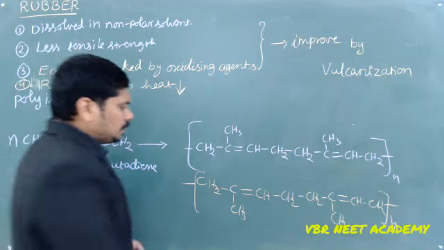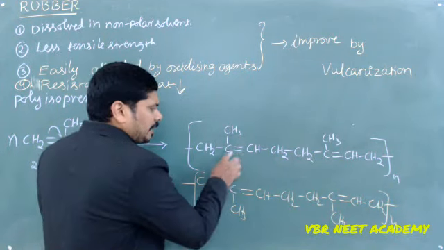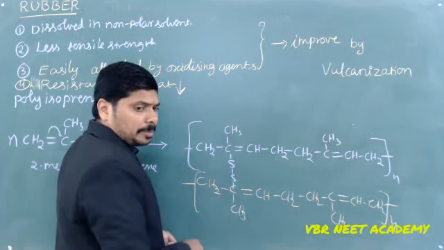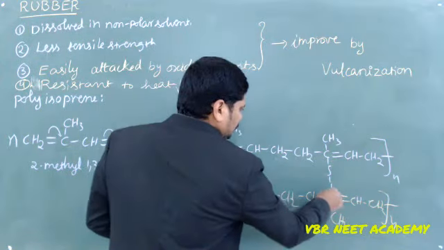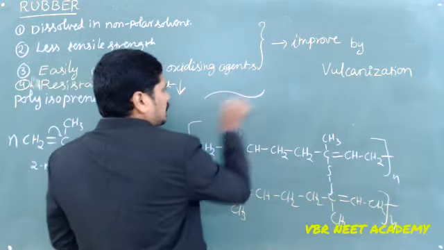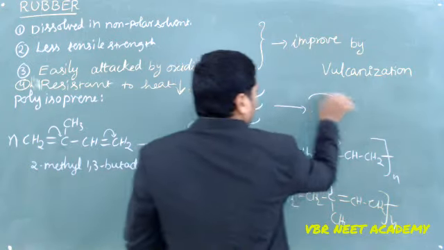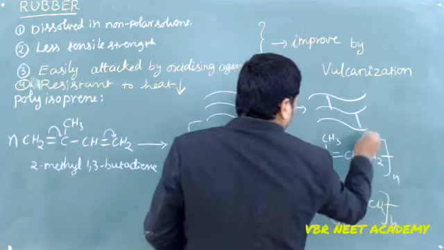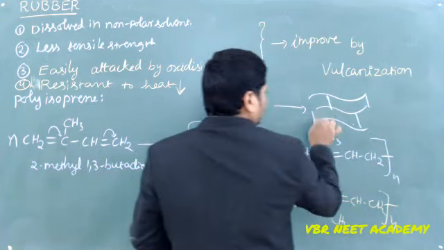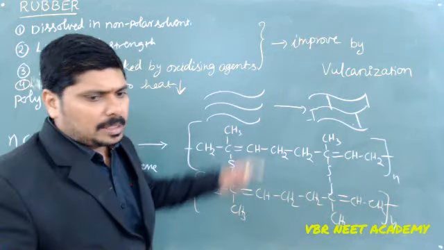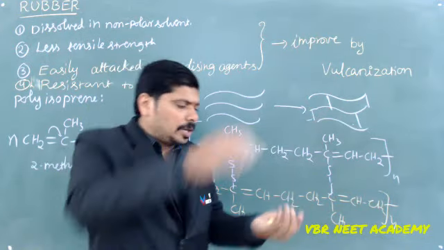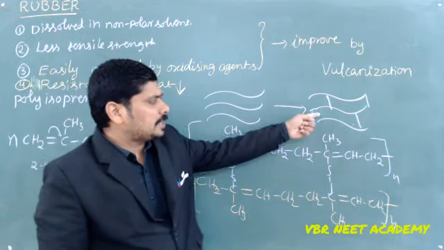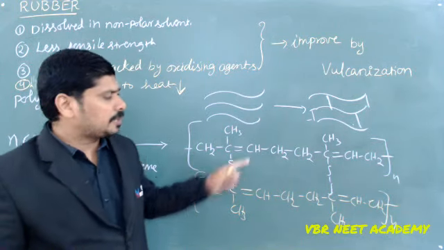Wherever you have the double bonds, sulfur will be inserted and make the cross linkings for them. Because of these cross linkings, till now the natural rubber is like this, now it is becoming a cross linked polymer. Like this, it can get cross linkings between one and another. Till now it was linearly arranged. Now they are compactly packed because of the cross linkings formed by the sulfur.